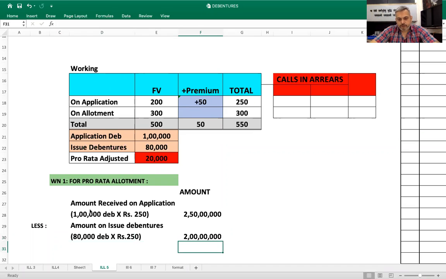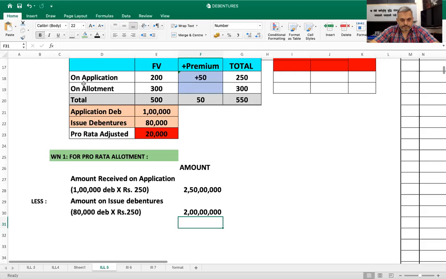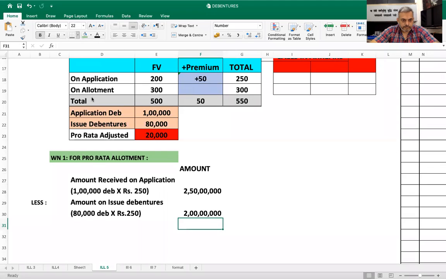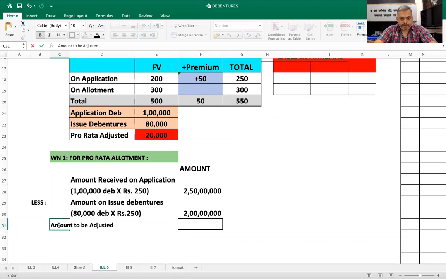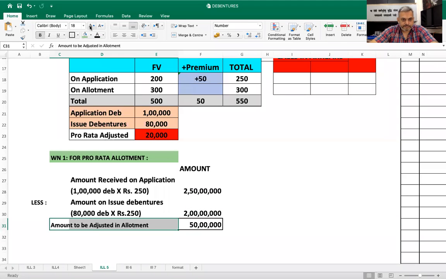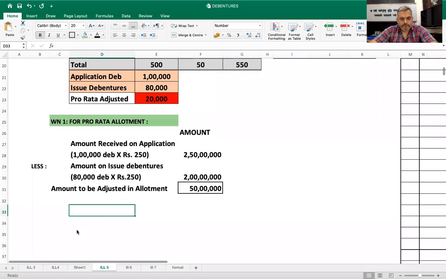It comes to 2 crore. So how much amount now we have to adjust? Amount to be adjusted in allotment is 2 crore 50 lakh minus 2 crore, that is 50 lakh. Do this working.